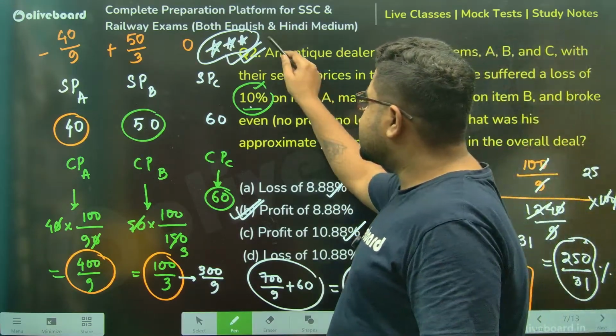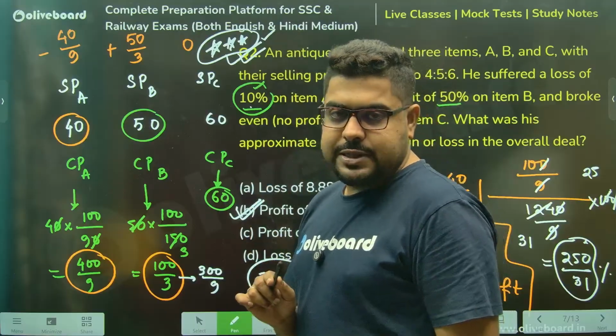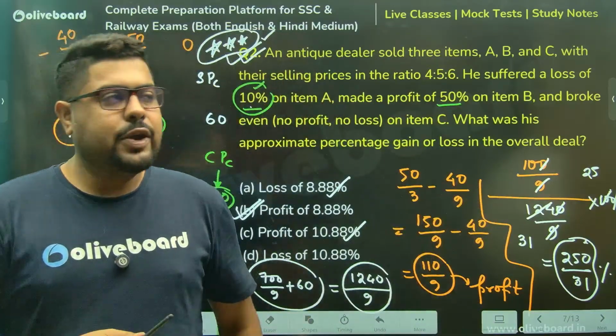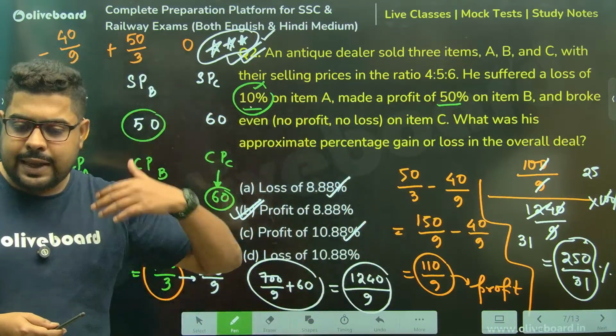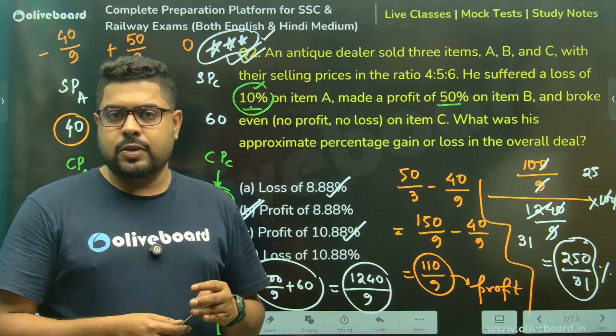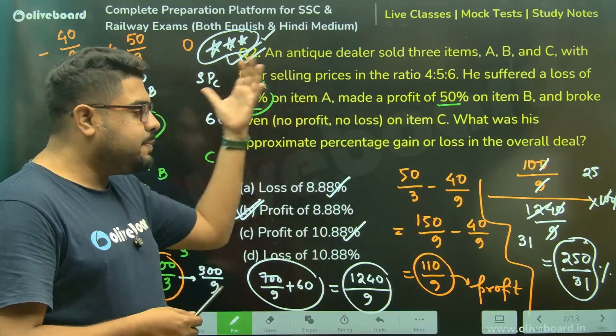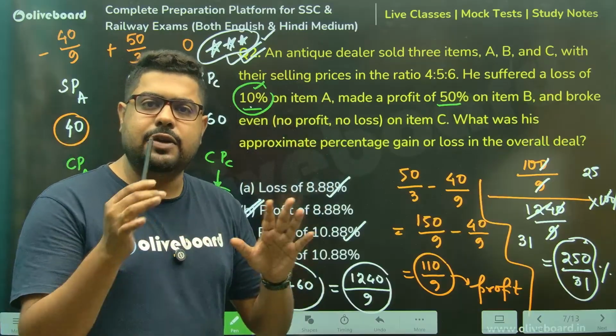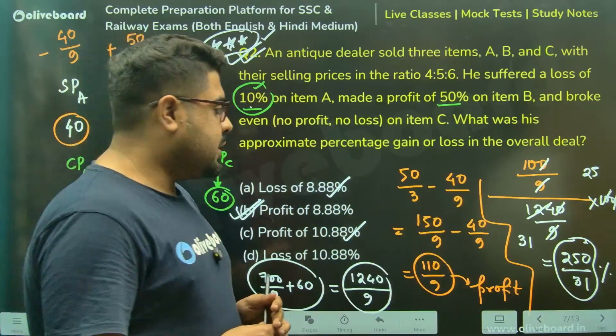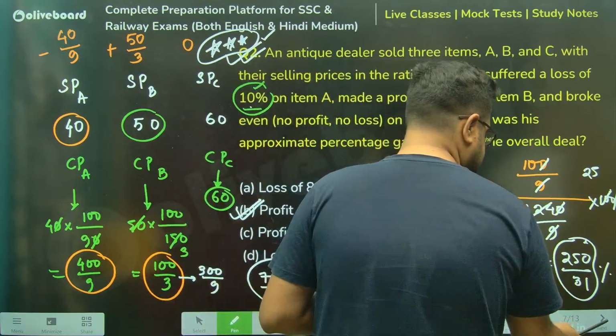First of all, this question was repeated in 4 to 5 shifts, this type. And why I have chosen this? To clear the concepts even more. If you can solve this question, your concepts of CP-SP are pretty clear. Then only you will be able to solve this. So that is the agenda here.